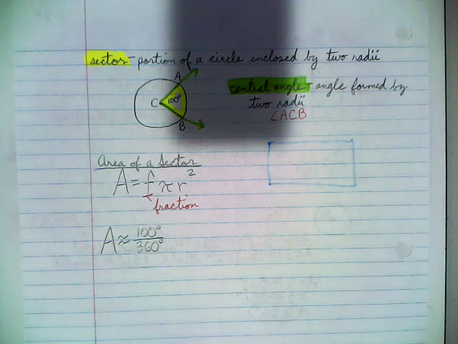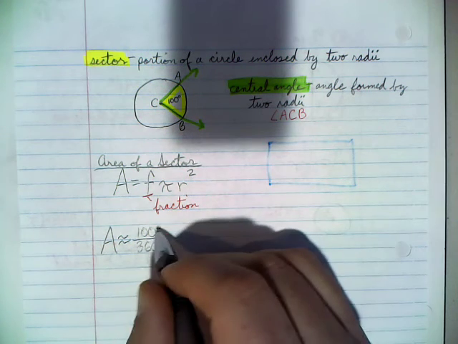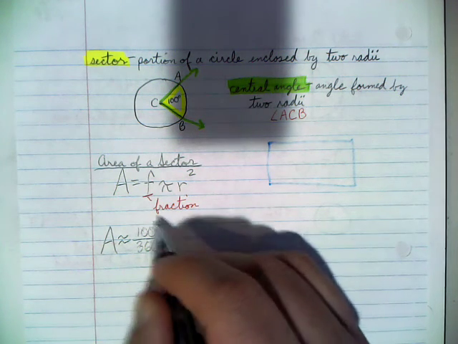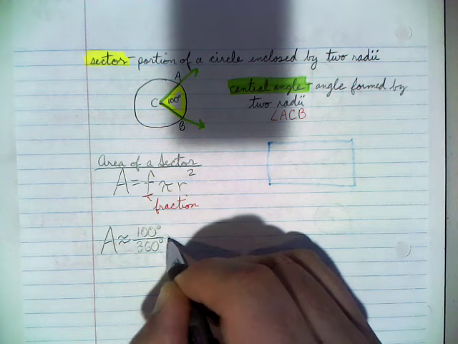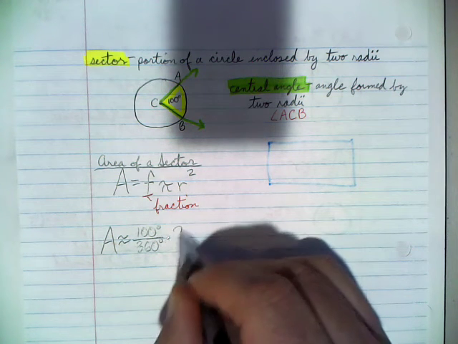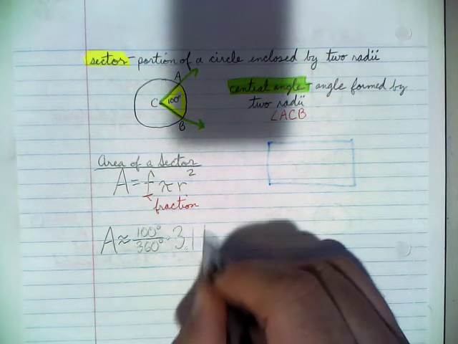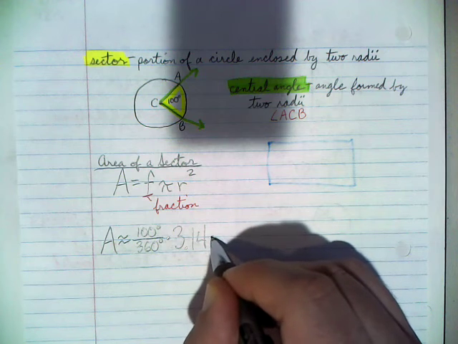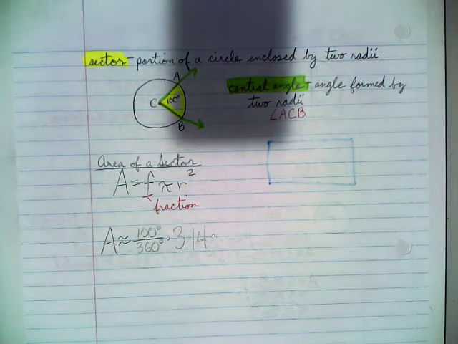So it's always going to be that number of degrees out of 360. And so then, that's my fraction, times pi, which we're going to make 3.14, and then times my radius squared.